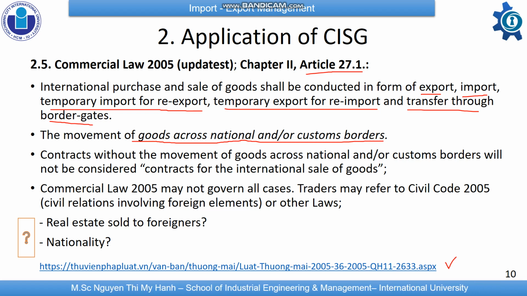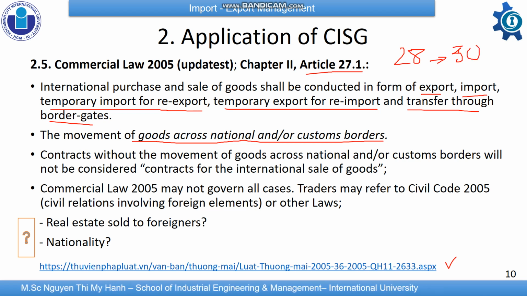And for what is export, what is import, what is temporary import for re-export, what is temporary export for re-import, you can read Articles 28 to 30 in commercial law 2005. They explain very well what they are.